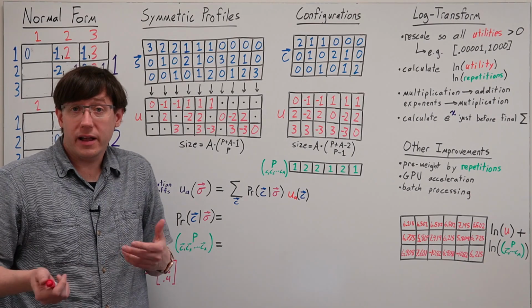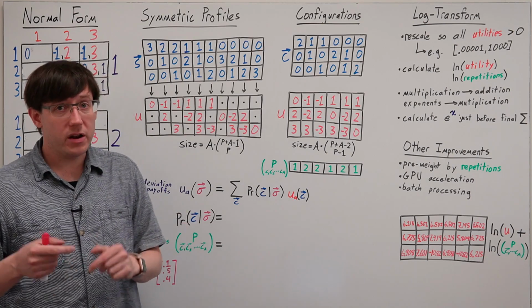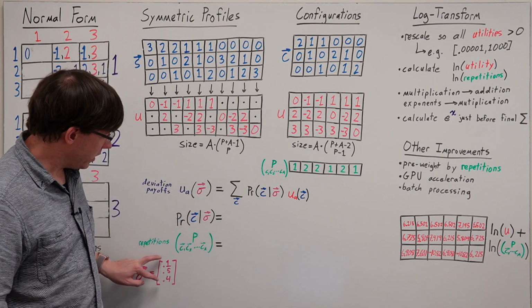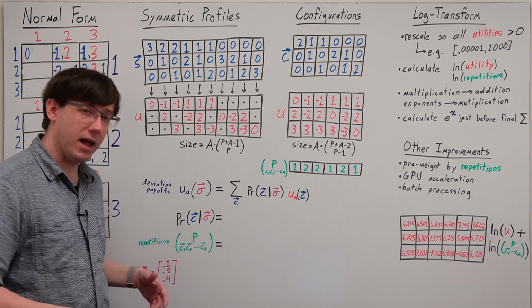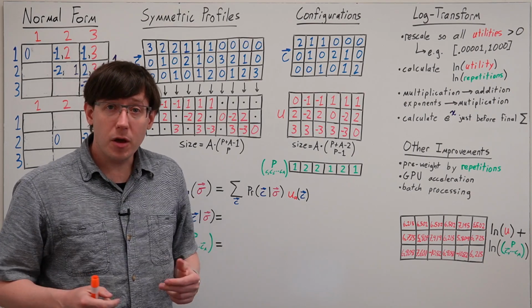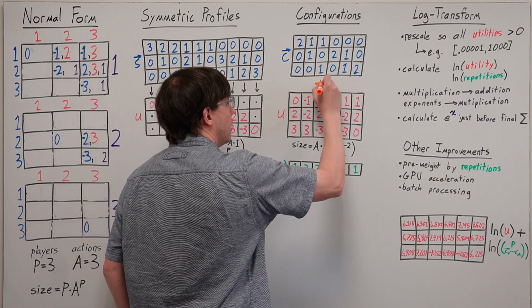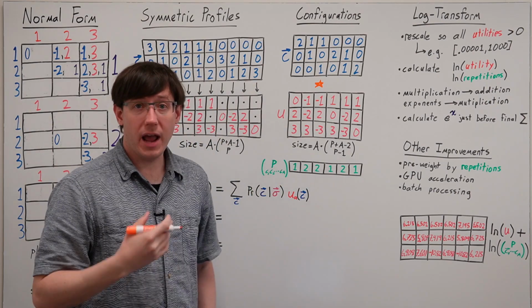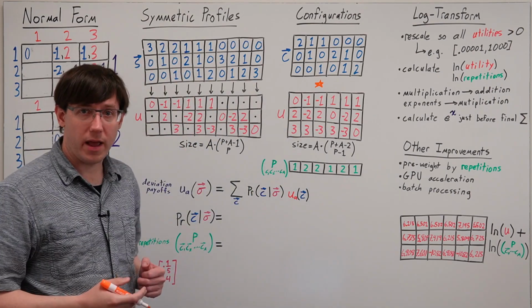Let's suppose that we're calculating deviation payoffs for the symmetric mixed strategy profile, where everyone is using probability 0.1 of the first action, 0.5 of the second action, and 0.4 on the third. And let's think about the probability of this opponent configuration happening when the opponents are using this mixed strategy.